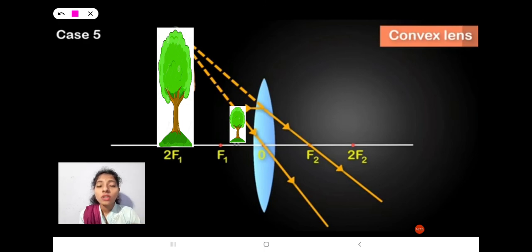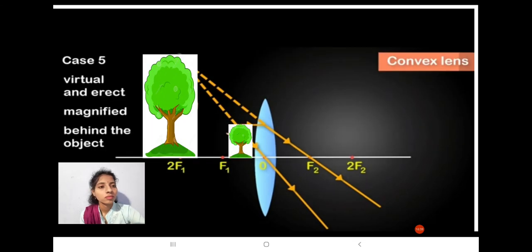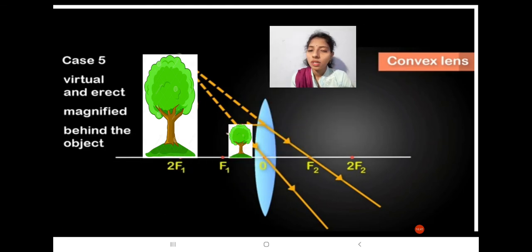Here you can observe that the image is magnified, and that is a virtual image. So the image is virtual and erect, magnified, and behind the object.